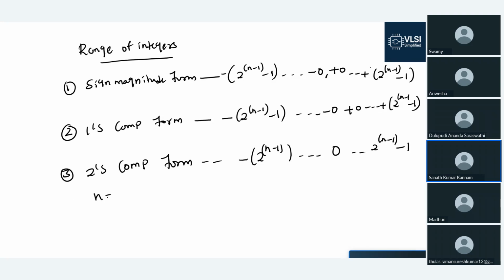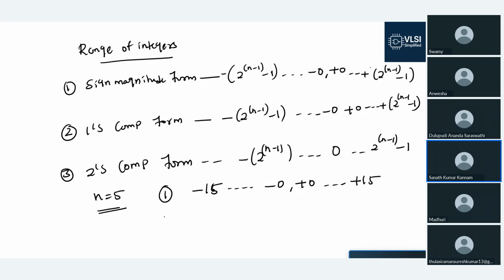Suppose n equals 5. What is the range for sign magnitude form? That is 2 power 5 minus 1, so 2 power 4 is 16, and minus 1 is 15. So minus 15 up to minus 0, plus 0, and plus 15.